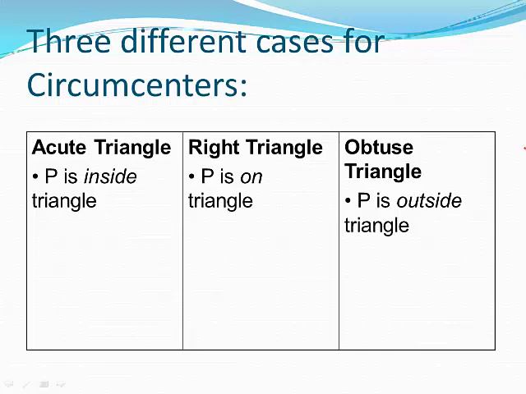In a right triangle, when you construct your perpendicular bisectors and your circumcenter, that's going to be literally on your right triangle. And in an obtuse triangle, P is going to be outside of the triangle. And I think one of the ones that is the hardest to do in constructions is the obtuse triangle. And there will be an example of that in the video.